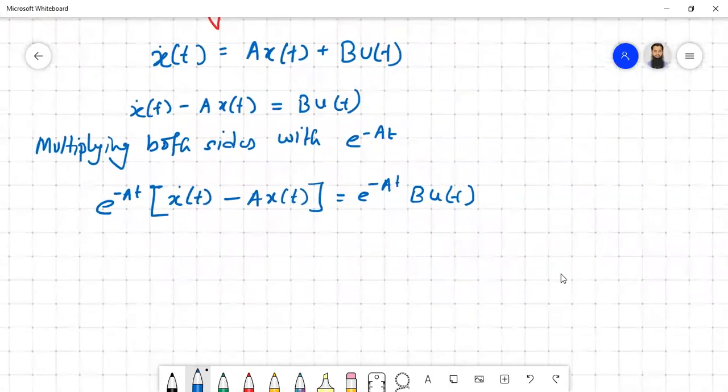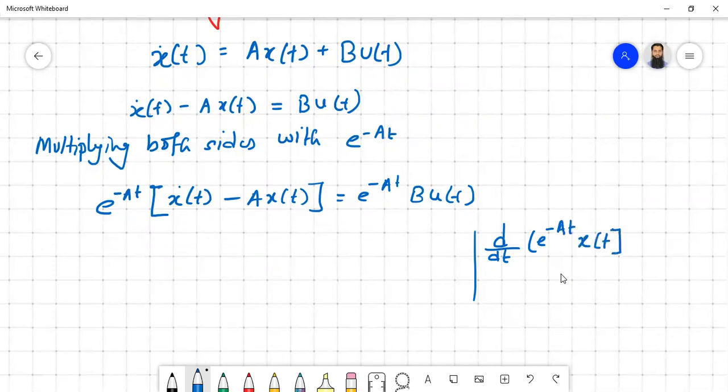Now, on the left side, can we have a form like this? The time derivative of e to the power minus A t x t. So what is the time derivative of this one? Let's try to figure out.